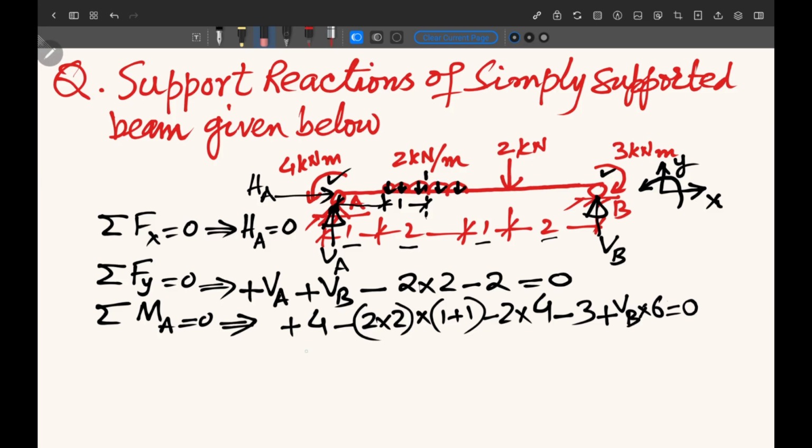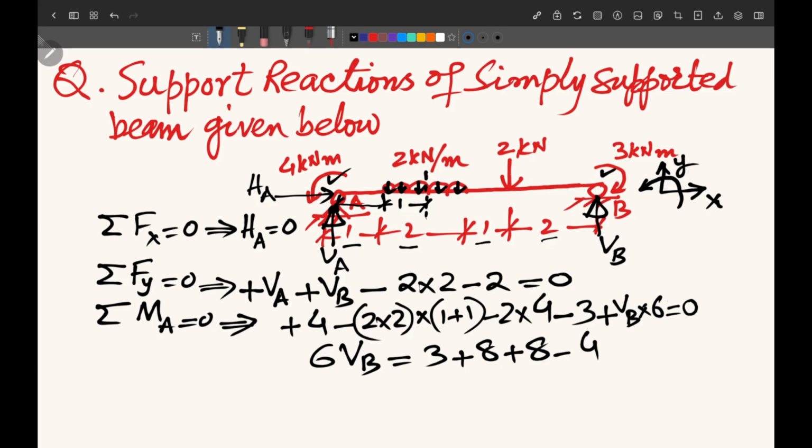Now from here we can calculate the value of VB. When we simplify, 6 VB will be equal to 3 plus 8 plus 8 minus 4.